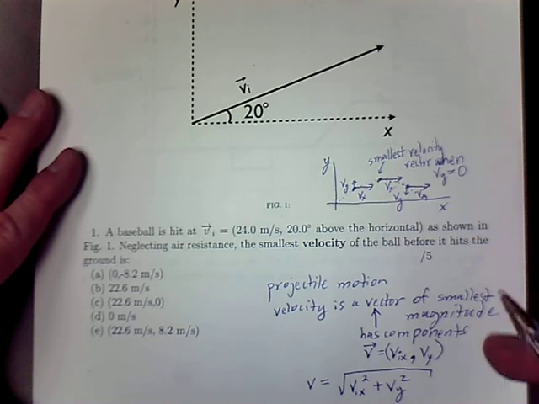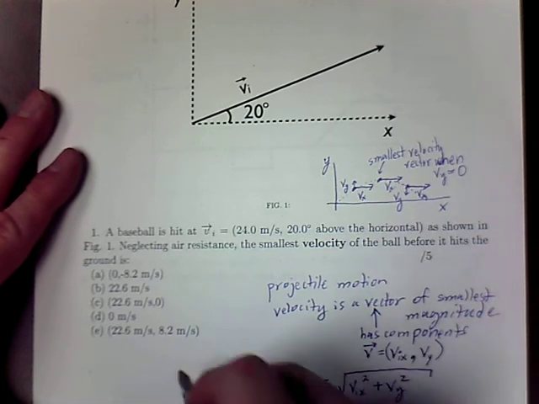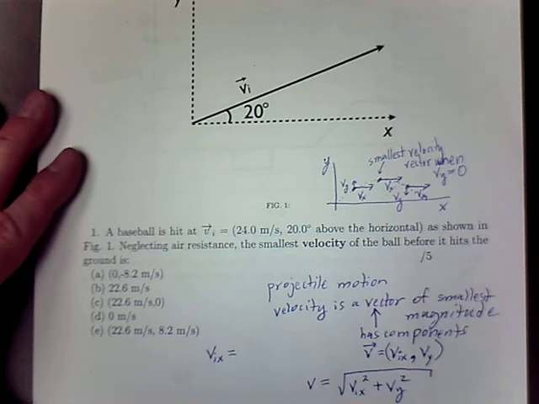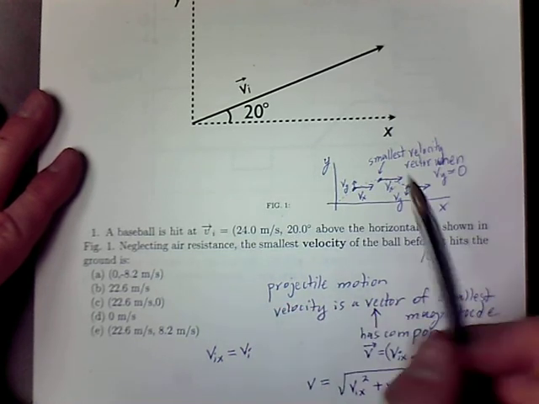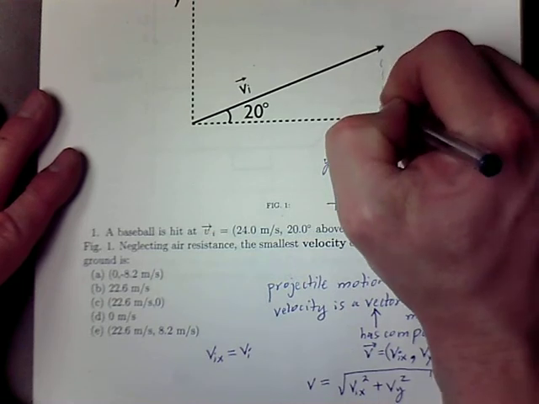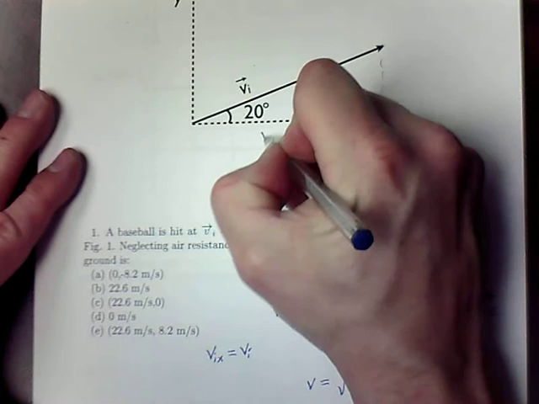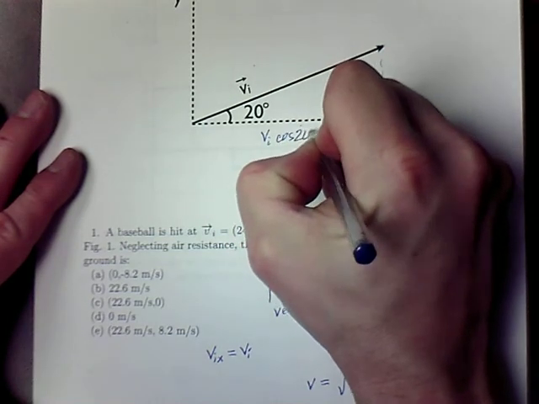So now we want to look through our possible answers. Well, even before that, maybe we want to find our initial velocity. Our initial velocity in the x component is equal to our initial velocity times, if we break this into a triangle, this is the adjacent side, so this is Vi times the cosine of 20 degrees.